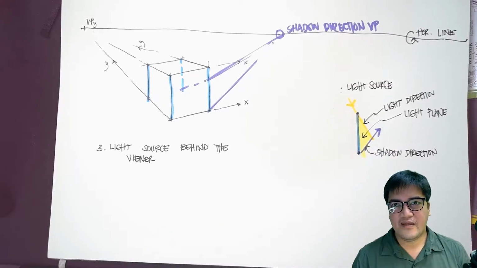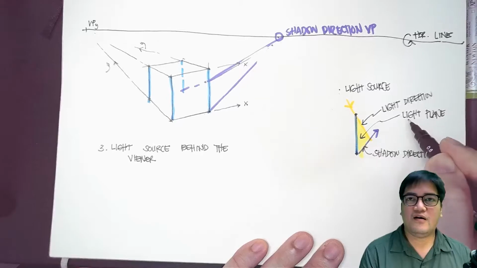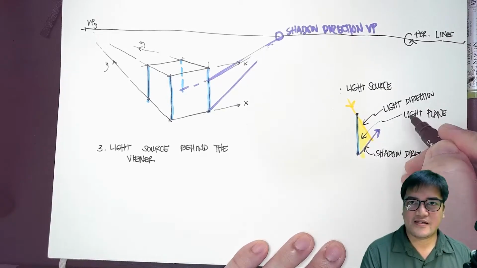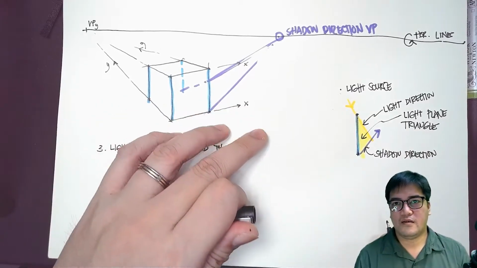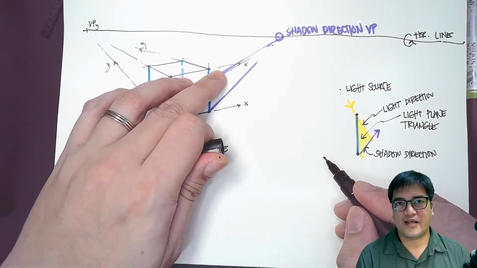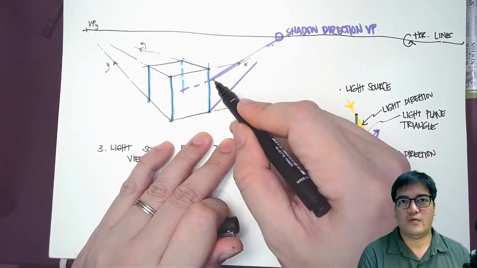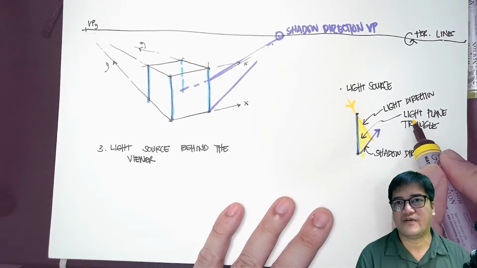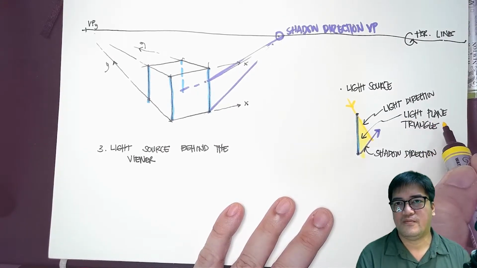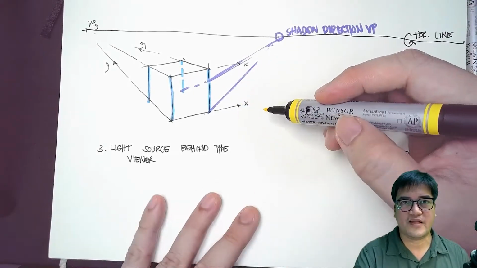To simplify this explanation further, let's call this light plane the light plane triangle. Now we want to first determine where that is here on one of the vertical lines. So we need to sketch out the light plane triangle onto our perspective drawing first.